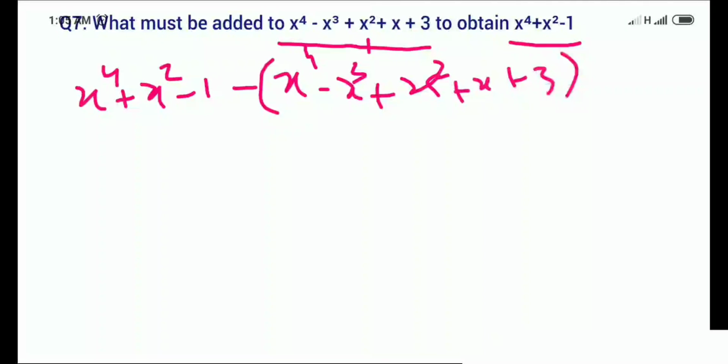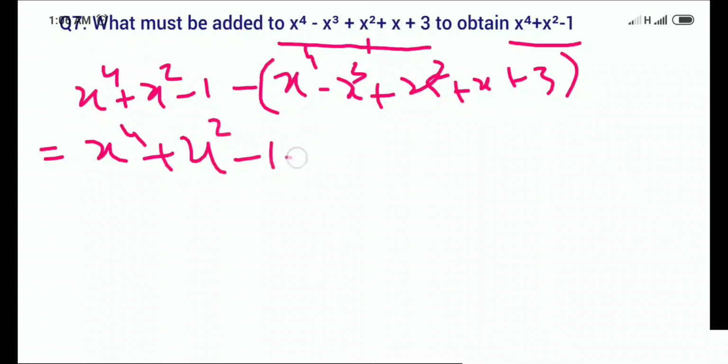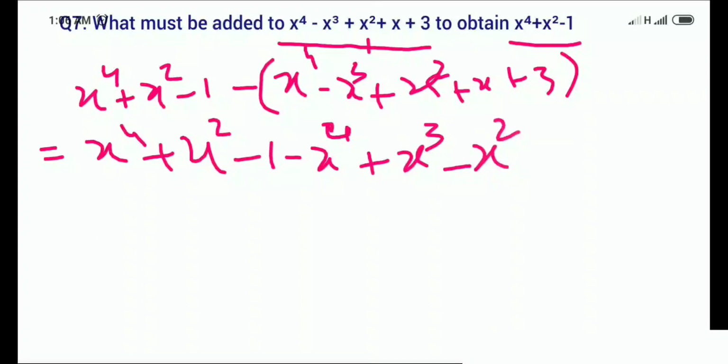Change the signs. x square minus 1 minus x to the power 4 plus x to the power 3 minus x square minus x minus 3.